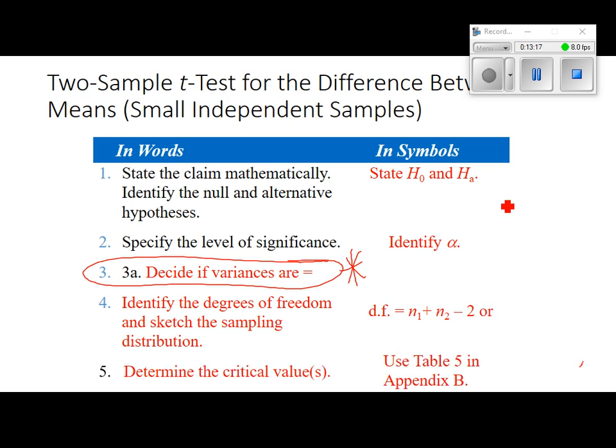Sorry, write this in. Part of my notes got erased out here. If the variances are equal, then it's pooled, and we do this. I'm going to put if equal. Can everybody understand that? If equal, we find the degrees of freedom that way. You add the 2 N's and subtract 2, and that gives you your degrees of freedom.